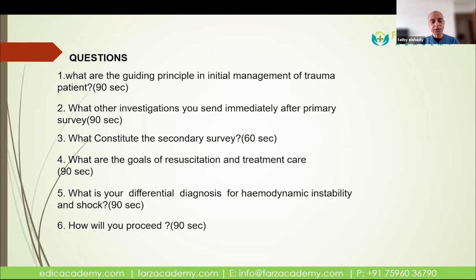The other investigations, which we send immediately after the primary survey, depend on the clinical condition of the patient, whether we go with a FAST ultrasound, which is usually bedside, or if the patient's condition allows us to do a trauma CT, pan CT, to detect the site of bleeding, then we'll go for the CT.